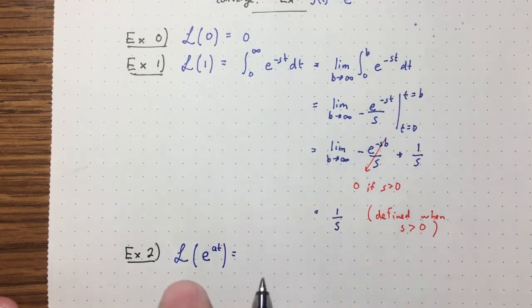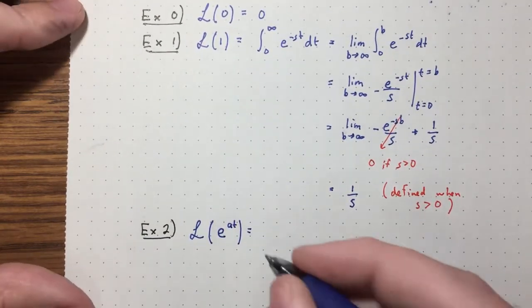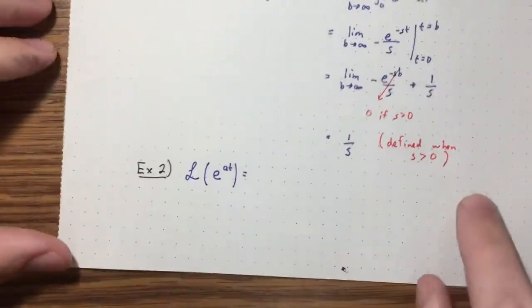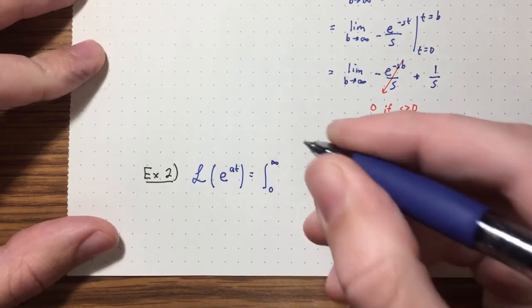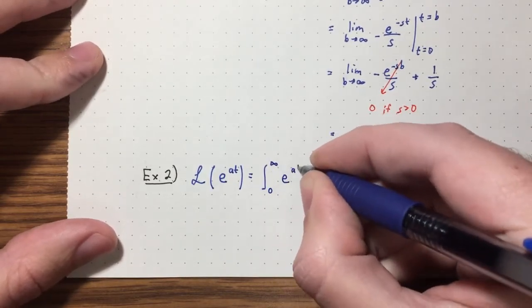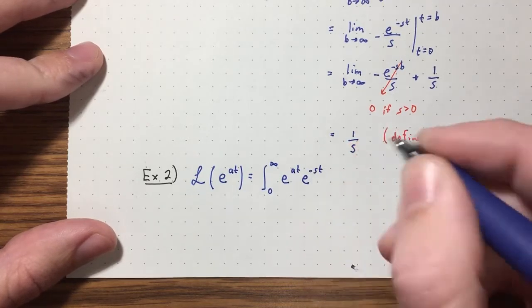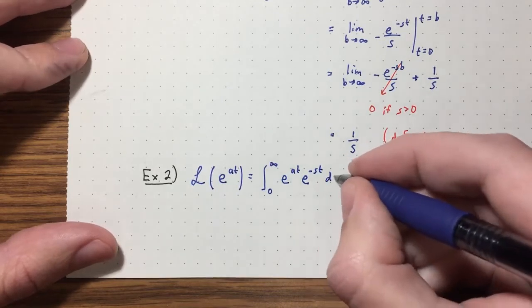I think that actually works out being easier than something like t. Okay. Again, we just plug it into this definition here. We're going to be using this a lot today. Integral from 0 to infinity of e to the at times e to the minus st. So that's my f of t, e to the at dt.